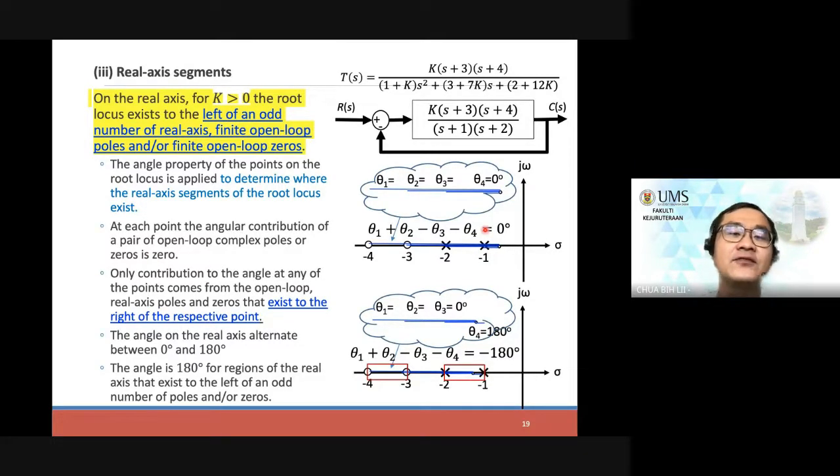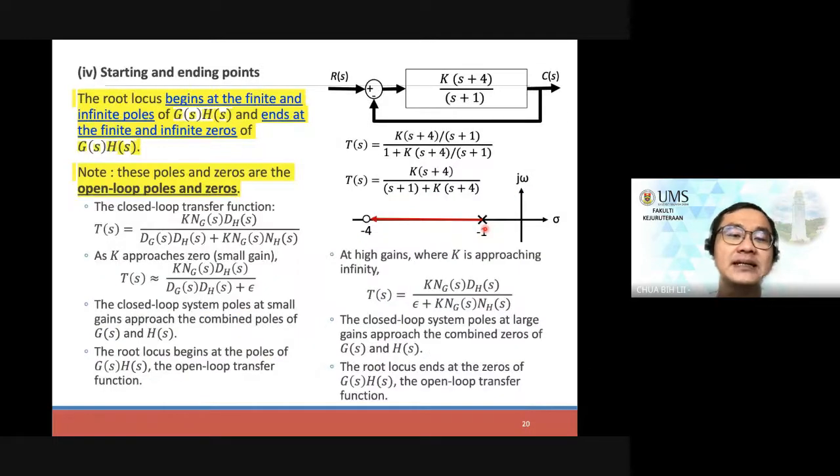Then from there we can also realize that usually the root locus will start from a pole and then slowly move to the zeros. So these are the directions of the root locus, right?